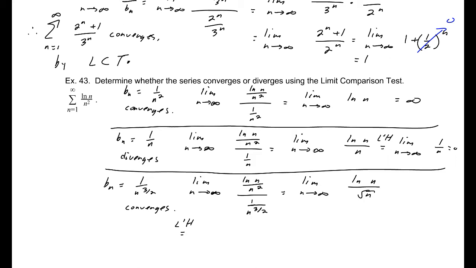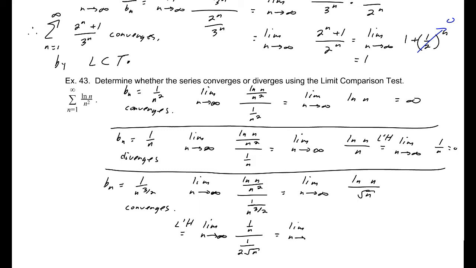L'Hopital's rule tells us we have a limit of 1 over n over the derivative of that, which is 1 over 2 square root of n.